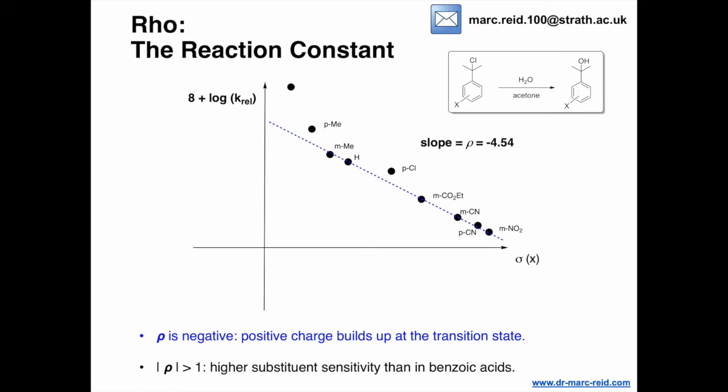In this case, the rho value is large and negative, giving a straight line with a downward slope. The reaction is more sensitive to substituent changes than benzoic acid deprotonation. Additionally, the negative value suggests a build-up of positive charge at the rate-limiting step. Overall, we have a reaction that is favoured by electron-donating substituents. You may notice a strange deviation from linearity near the top left of this particular plot. We'll come back to this on the next slide.